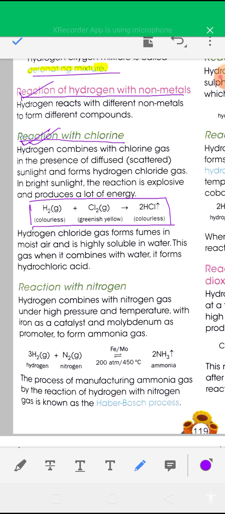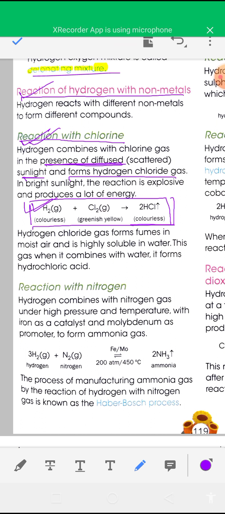Hydrogen gas combines with chlorine gas in presence of diffused sunlight, and it forms colorless hydrogen chloride gas.